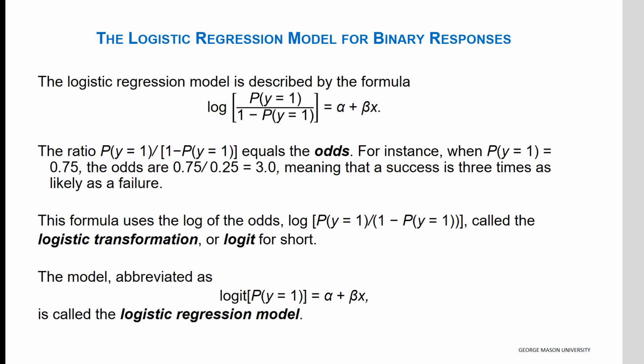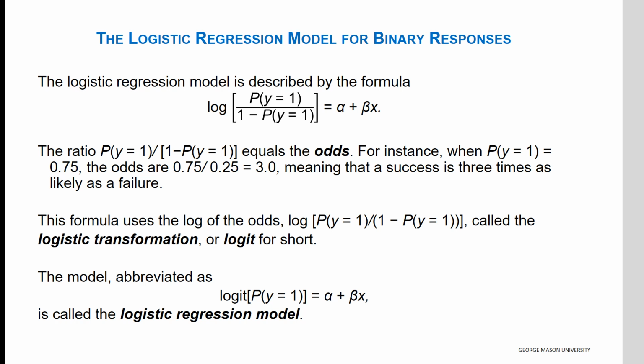The logistic regression model is described by the formula log of the probability of y equals 1 over 1 minus the probability of y equals 1. The ratio of the probability that y assumes the value of 1 over 1 minus the probability that y equals 1 equals the odds.